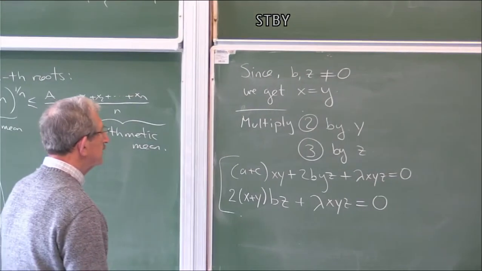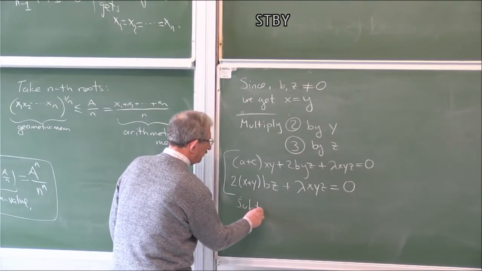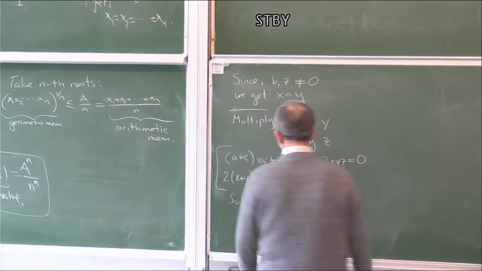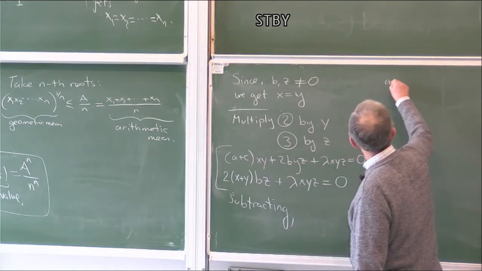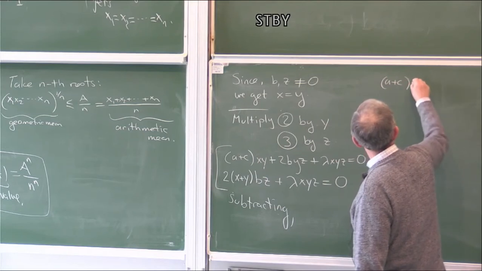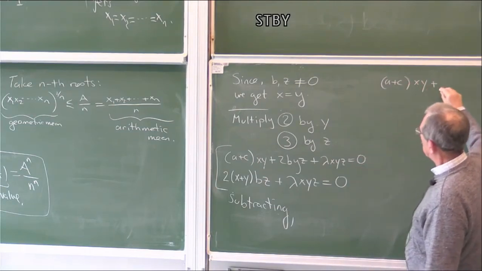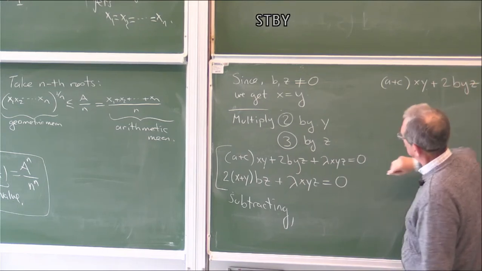Now, subtraction yields, okay, I have a plus c xy plus 2byz.